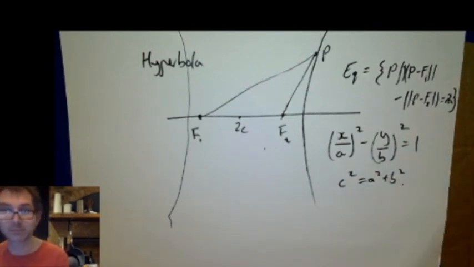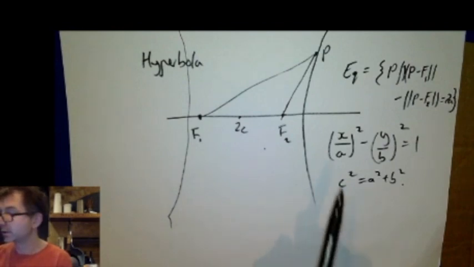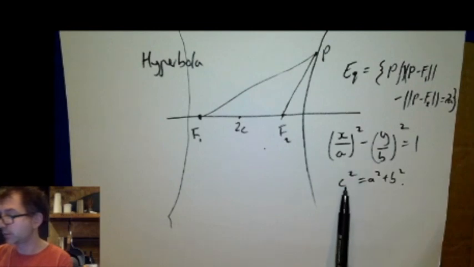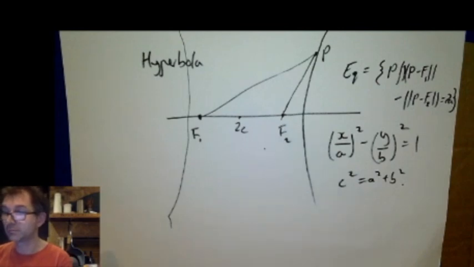Turns out to be true. So if you have an equation like this for a hyperbola, you can work out what the c is through this equation. Similarly, if you've got an ellipse, you can do the same thing.